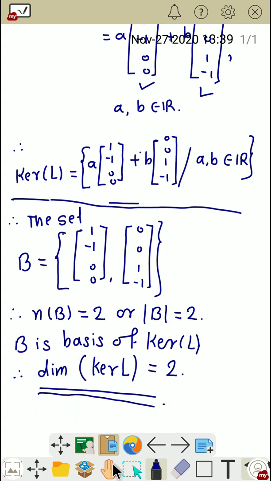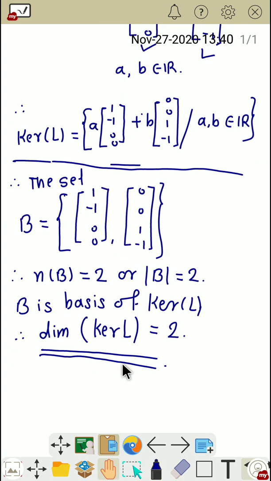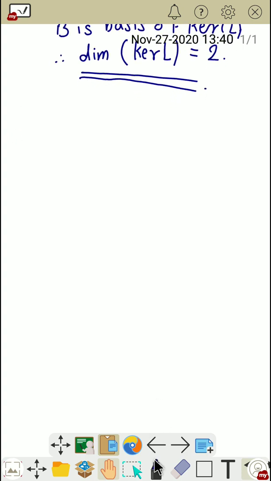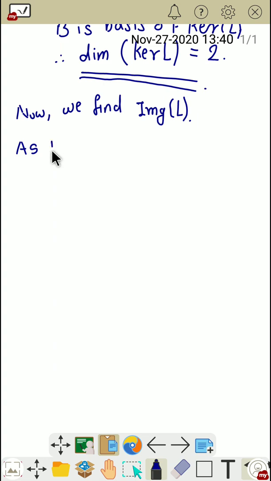Okay, so now we go to the image of a linear transformation. Now we find the image of linear transformation L, as L is a linear transformation from R4 to R2.